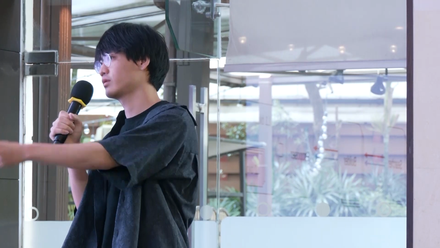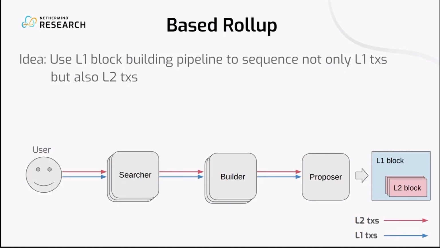The searcher will submit those bundles to the builders, and the builder will collect a bunch of these bundles and create a block. There will be many builders within the same slot, all competing over this block proposal, and they send a bunch of bids to the proposer. The proposer selects the highest bid and publishes an L1 block. Here, the whole pipeline is not only for the L1 transactions, but also the L2 transactions, which are colored in red.